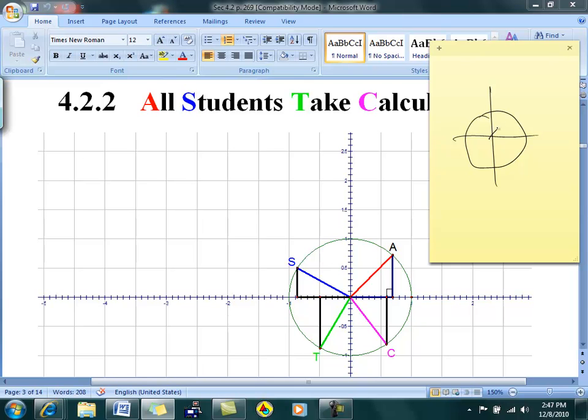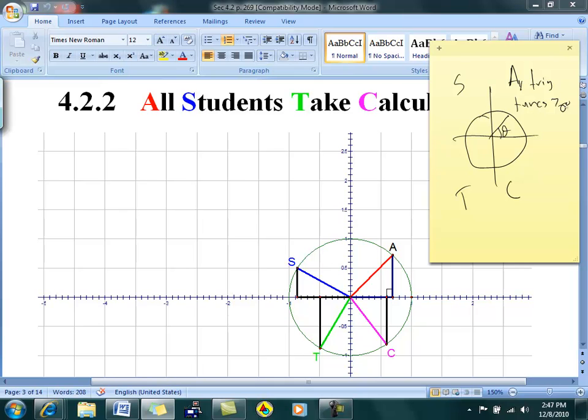If my terminal side is in the first quadrant, then all trig ratios, that's what the A stands for, all trig functions are positive.